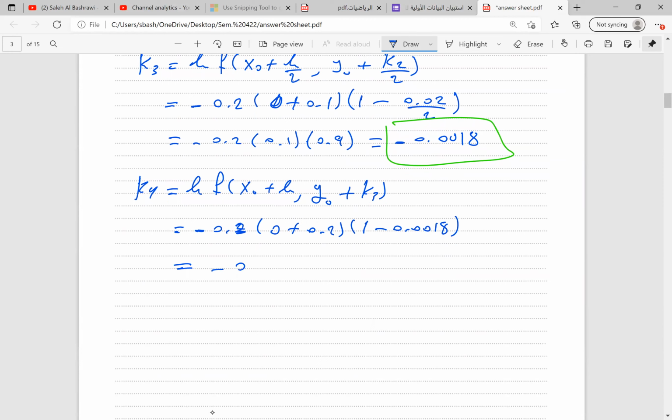This will give me minus 0.04 multiplied by 1 minus 0.0018, which is 0.9982 multiplied by 0.04, or negative, it will be minus 0.039928, or about 0.0399, because we need it just up to 4 decimal places.